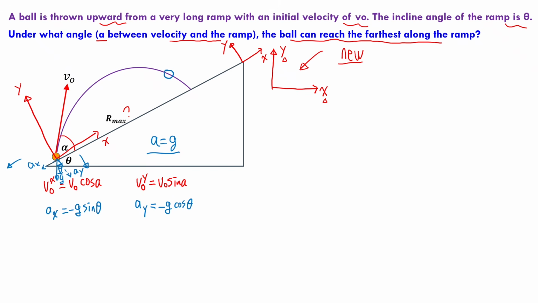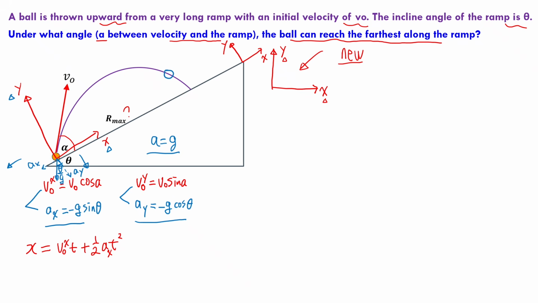You see, under this new coordinate system, my motion along the x direction and the y direction both have constant acceleration, and this is my new acceleration. Then I can use my Big Five equations. I know the range along the ramp is basically my displacement along x direction, which equals v0x times t plus half a t squared, where this acceleration should be the acceleration along x direction.